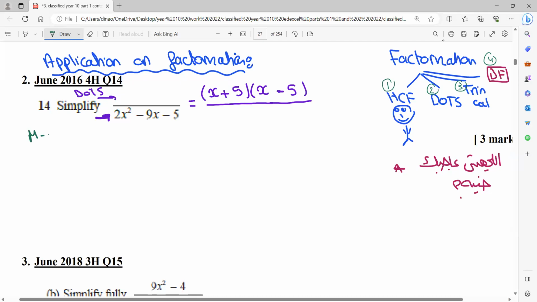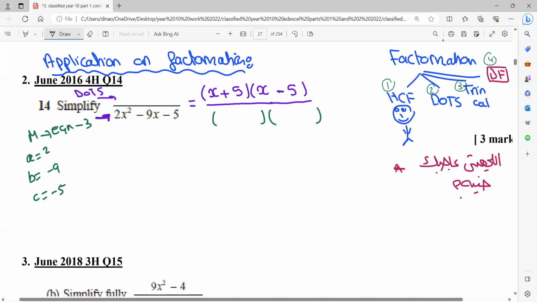Quadratic trinomial, if you remember on your calculator, mode equation 3. So this automatically will change into 2 brackets. When you do mode equation 3, there's no need to write A, B, C in the exam. Everything I'm doing here in green should not be written in the exam. Now A is equal to 2, B is -9, C is -5.